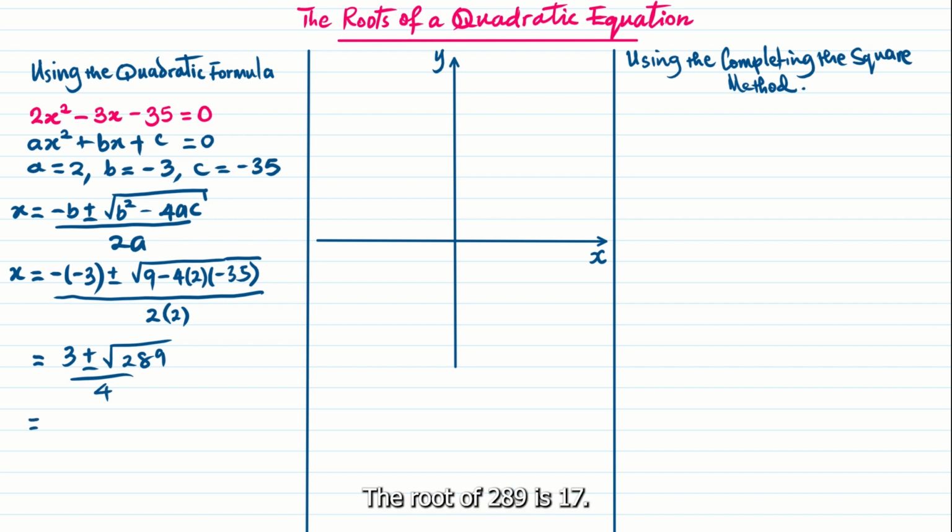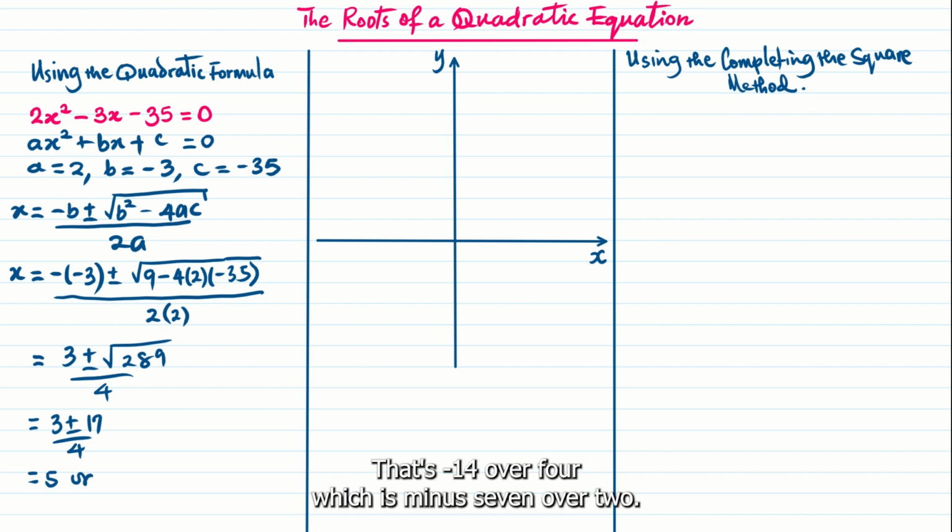The root of 289 is 17, so we have 3 plus or minus 17 over 4. 3 plus 17 is 20, and 20 divided by 4 is 5, or 3 minus 17, that's minus 14 over 4, which is minus 7 over 2.